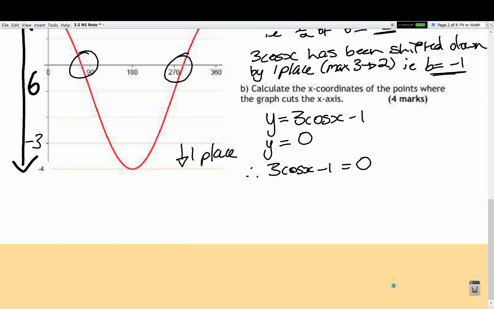So rearrange to get just cosine of x, then we'll do our CAST diagram. So +1 first, we get 3 cosine of x equals 1, divide by 3, we get cosine of x equals 1 divided by 3. So cosine of x is equal to a third.